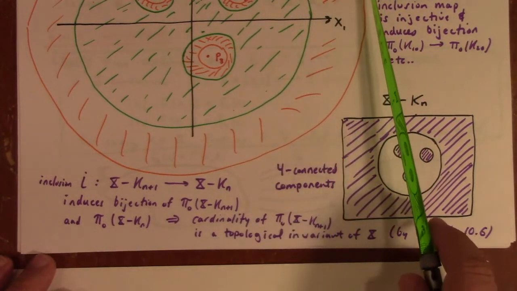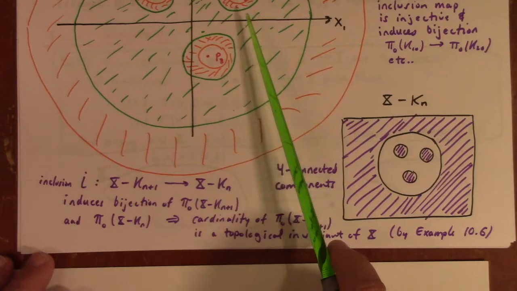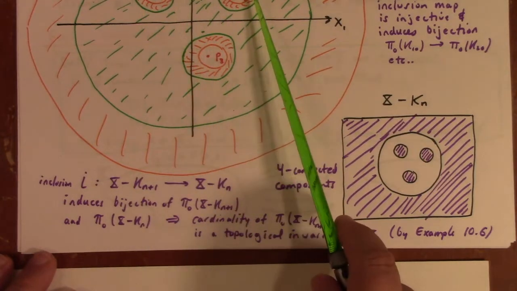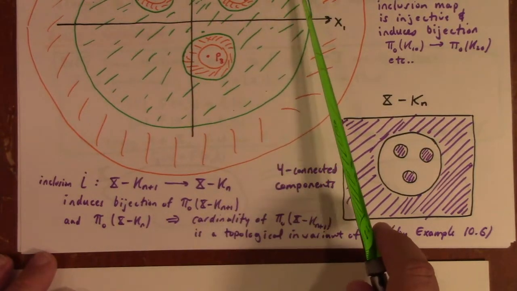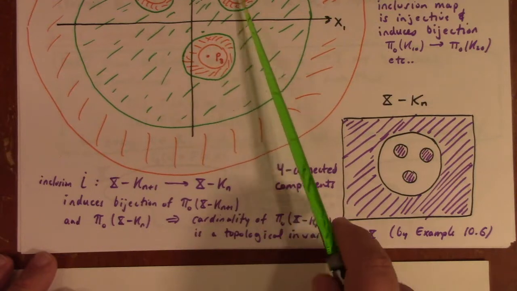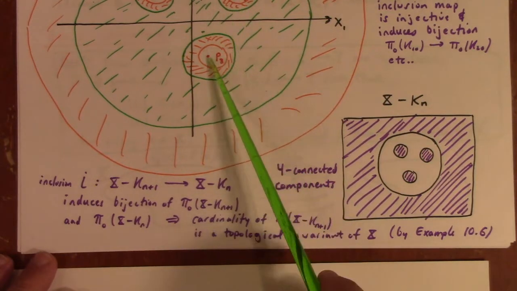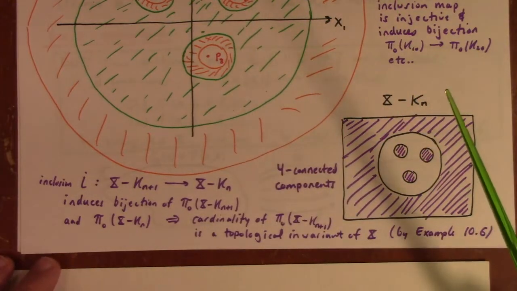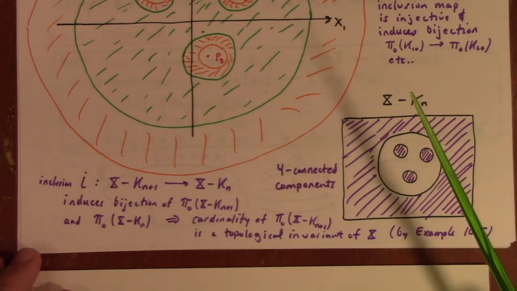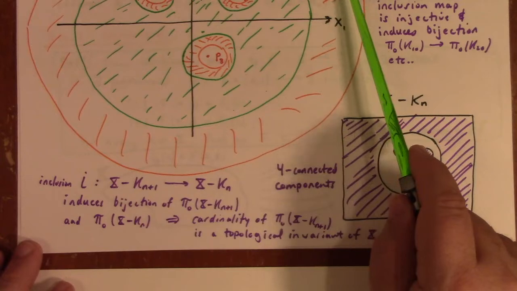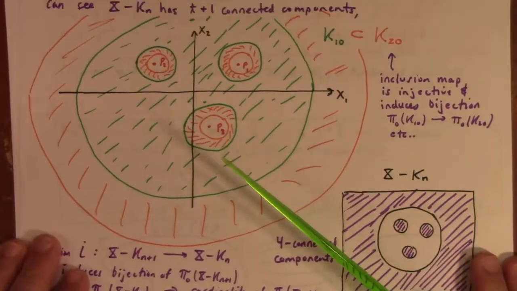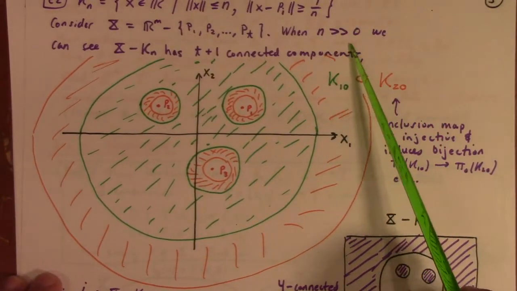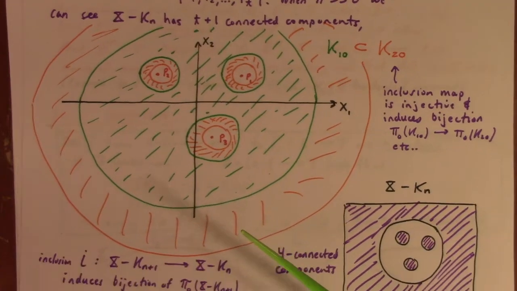Well, you have to have n sufficiently big so that these things don't overlap. If these were a millionth apart, then you'd have to get n really big before they'd separate. But setting that assumption aside, if n is much, much greater than 0, as it says up here, then we're in business.